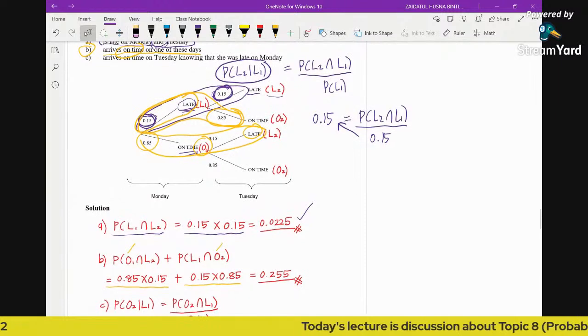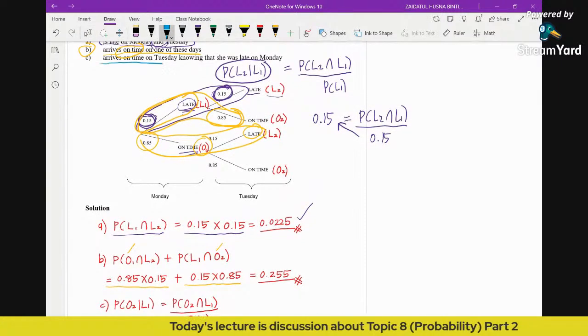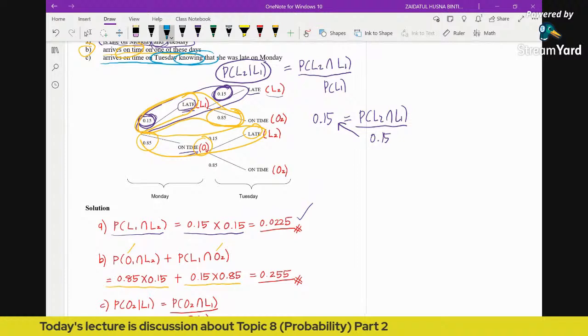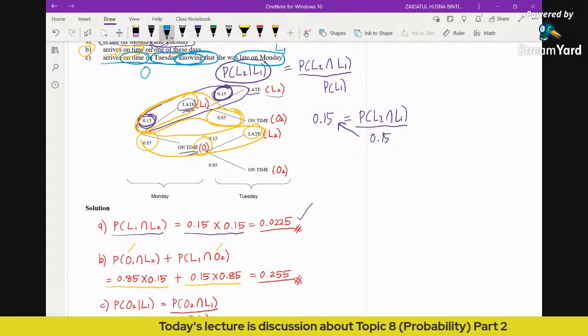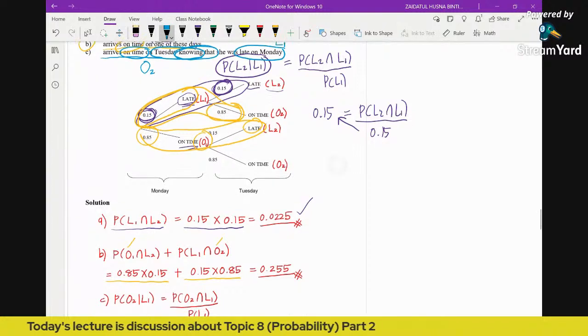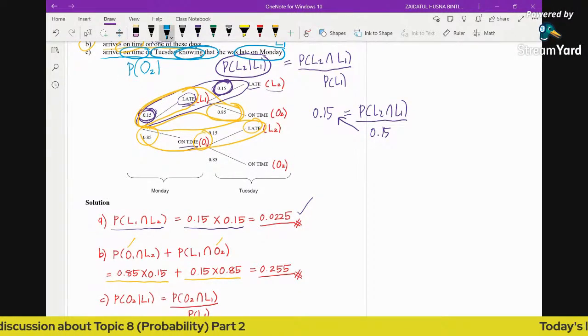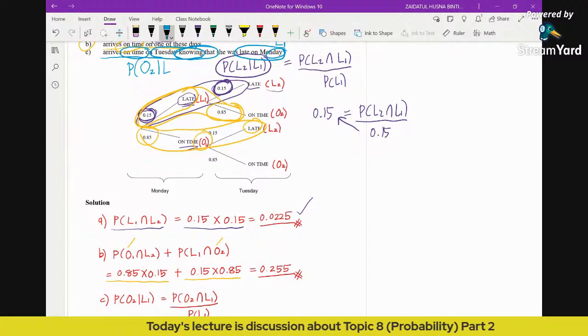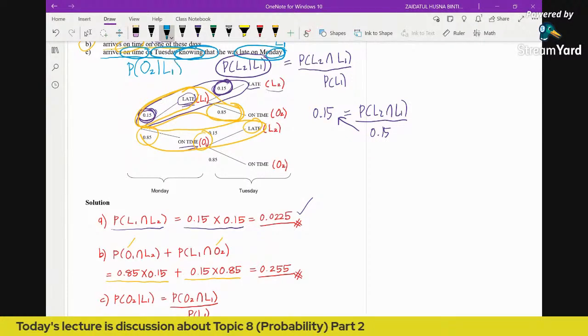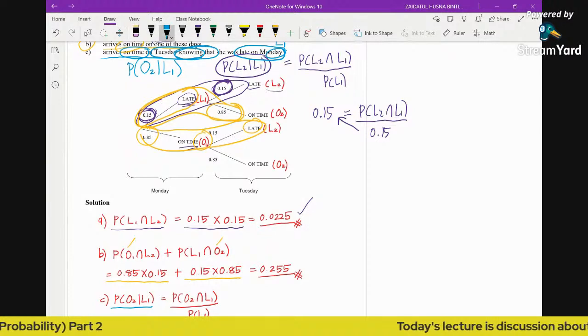Okay, next. The question says, find the probability that she arrives on time on Tuesday, knowing that she was late on Monday. Knowing that means this event has already happened. She was late on Monday means L1. Arriving on time on Tuesday means O2. So the question says, find the probability of O2 given L1.